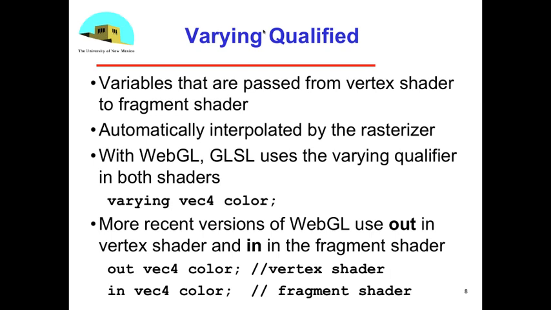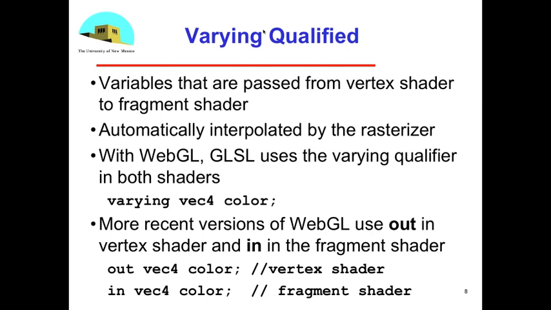So that variable actually varies over the face of that primitive and is then given a different value to each invocation of the fragment shader, because each fragment that is generated by the rasterizer will have a different interpolated value of that primitive.